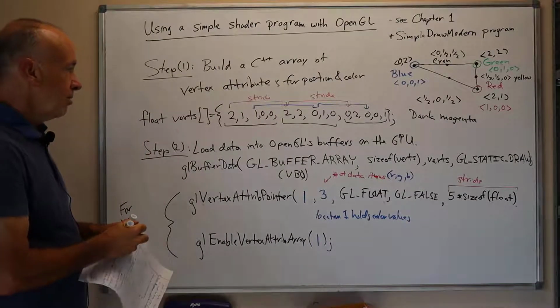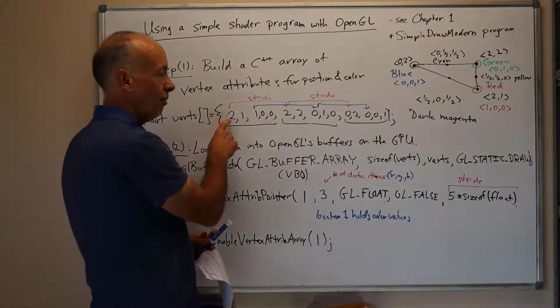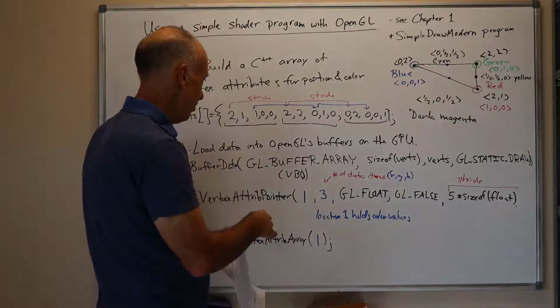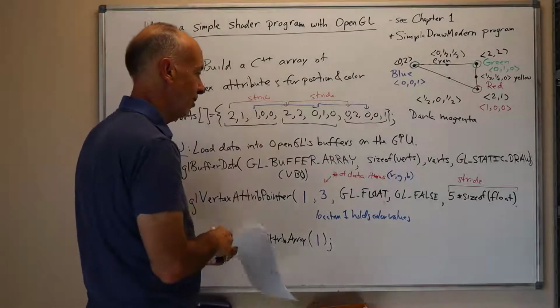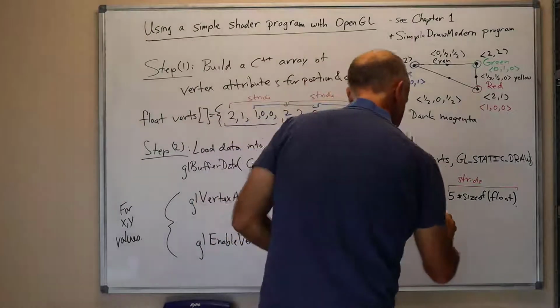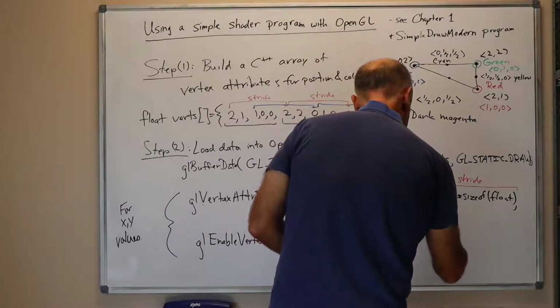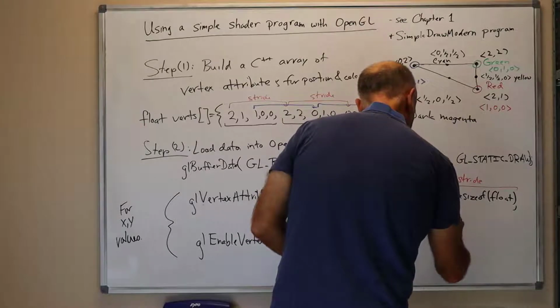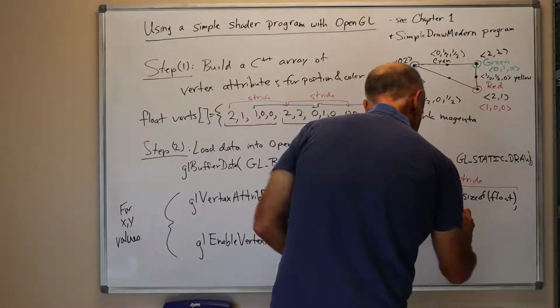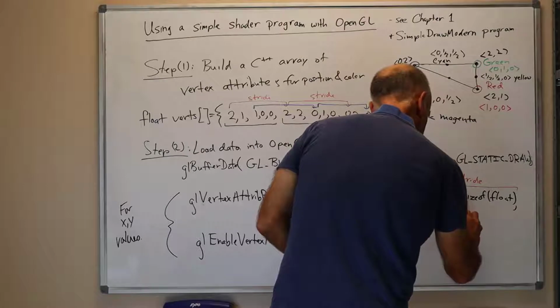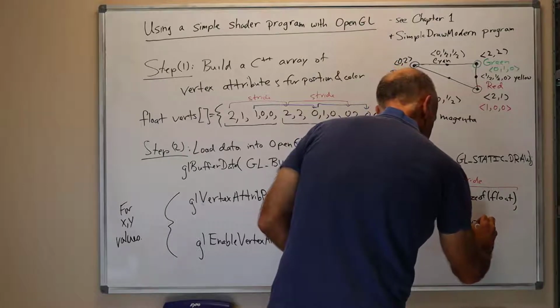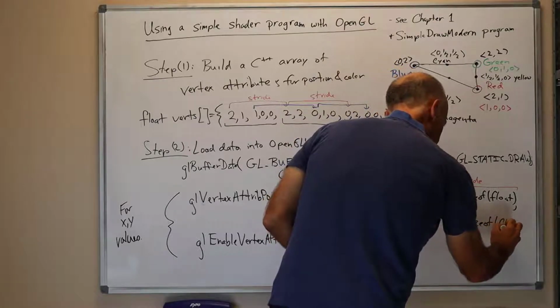And now the starting point is no longer, before we had void star 0, but now the starting point is starting here at the 3rd float. So we'll use, as the final parameter here, void star 2 times size of float.